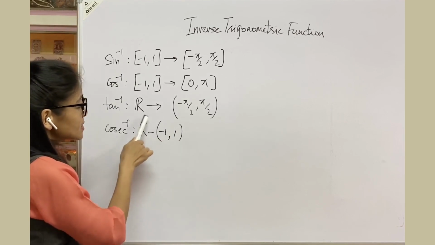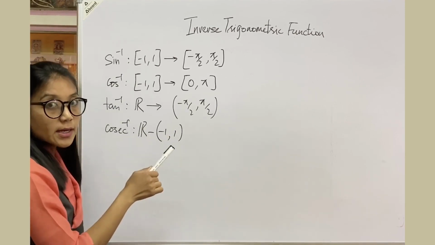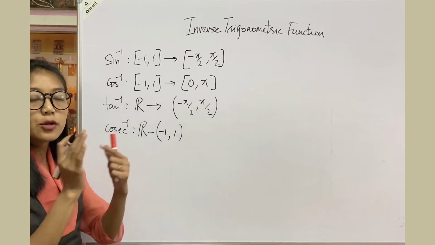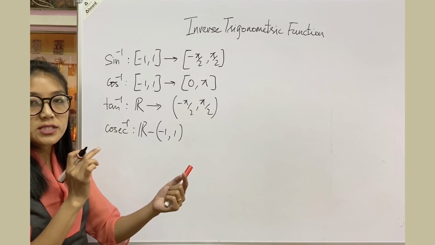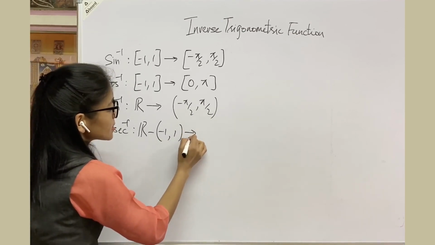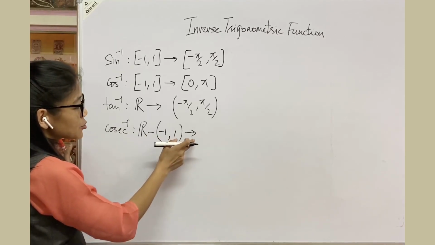This is the range of cosec, which becomes the domain of cosec inverse, because for cosec and cosec inverse we have to interchange the domain and range.